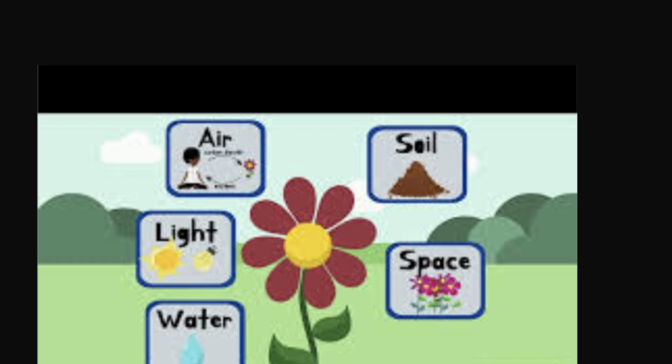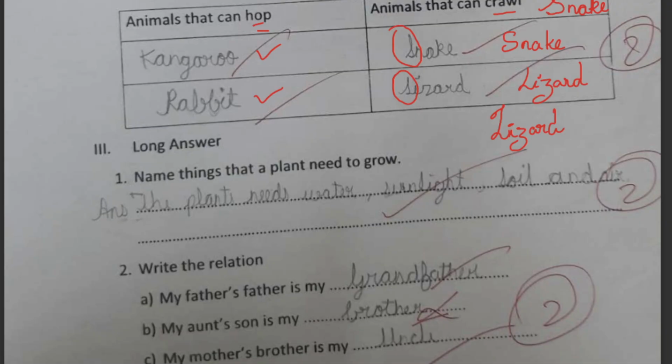Let's go to the answer paper now. The student has written: the plant needs water, sunlight, soil and air. Again, if you see the handwriting, it is not at all clear. The first letter is very small. So I'll write and show you how we should write the answer. Each and every letter should be very, very neat, students.